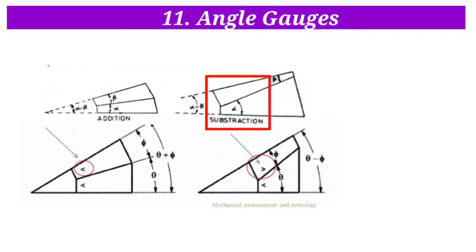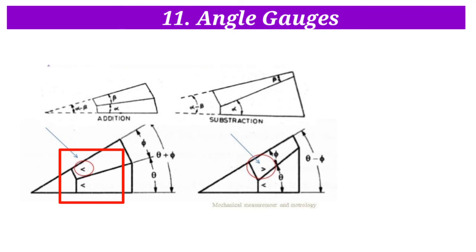Each angle gauge is marked with an engraved V, which indicates the direction of an included angle. When the angles of individual angle gauges are to be added, then the V of all should be in a line, and when any angle is to be subtracted, its engraved V should be in the other direction.